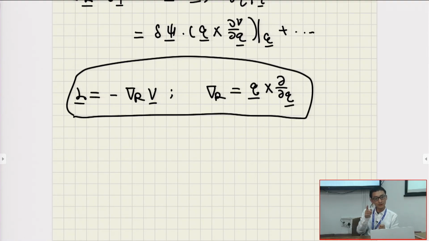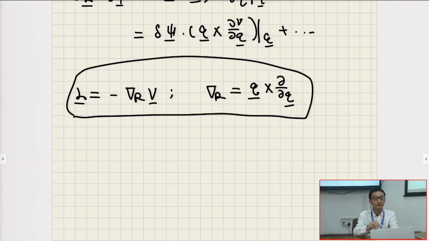Q is a unit vector that's attached to the body. That orientation is described by the Euler angles. Yeah, that's how we understand the orientation.